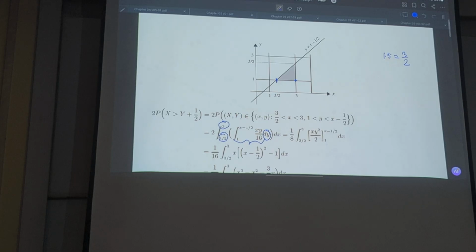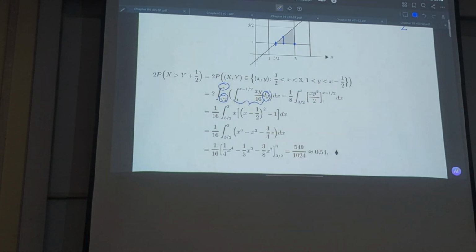Right? And for each value of x, y goes from 1 to x minus 1. Are you okay with that? And the result is right. We are done.